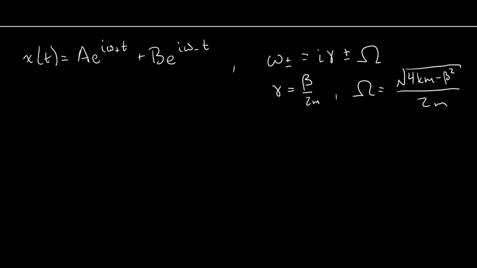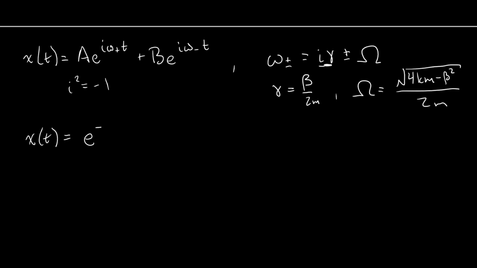Okay, so now we can just plug this stuff in, and we find, so both terms here, the first term with the factor of I times gamma, doesn't change between omega plus and omega minus. So I'm going to pull that overall factor out. And I'm going to use, obviously, I squared equals minus 1.